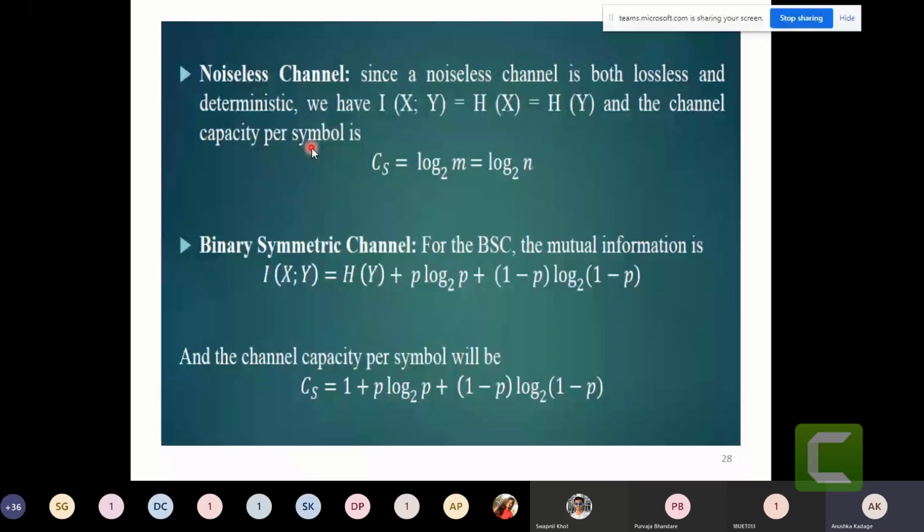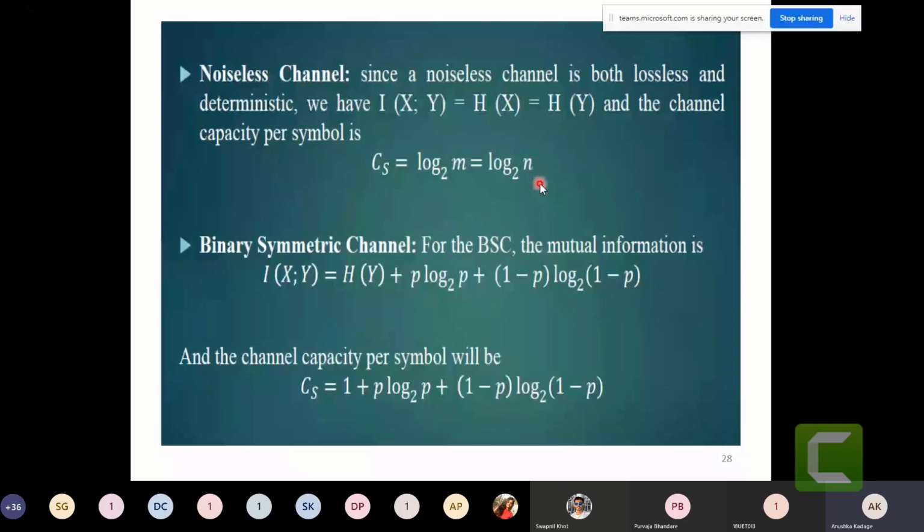And that's why in that situation, the mutual information will be either equal to H(X) or H(Y). And because of that, the channel capacity per symbol will come out as either log of m to the base 2 or log of n to the base 2.